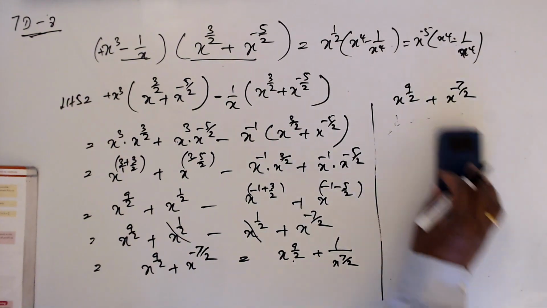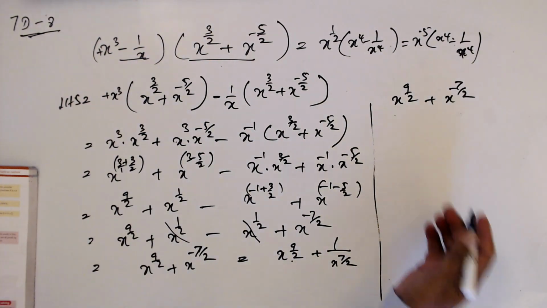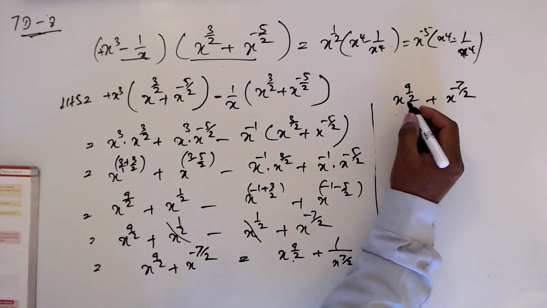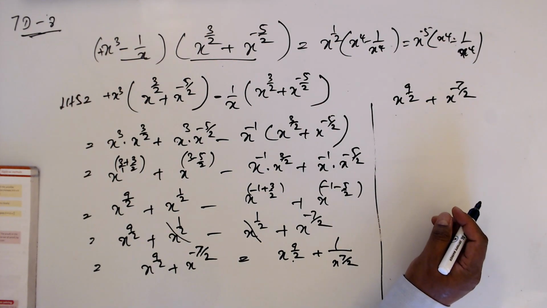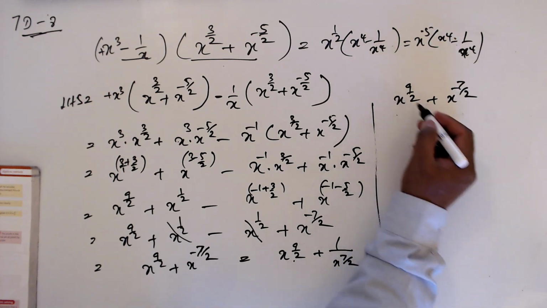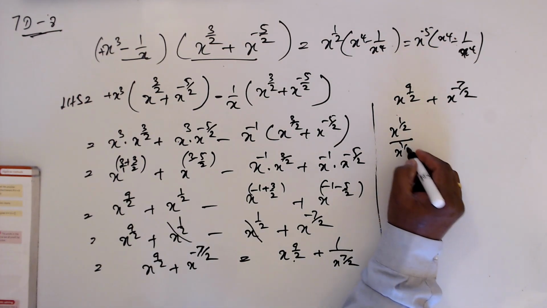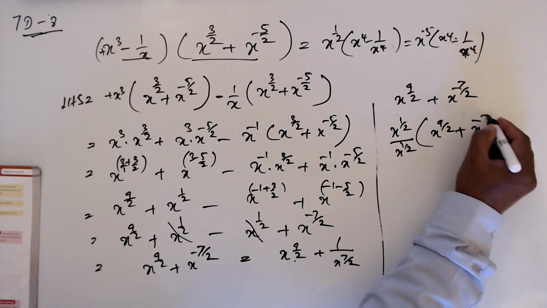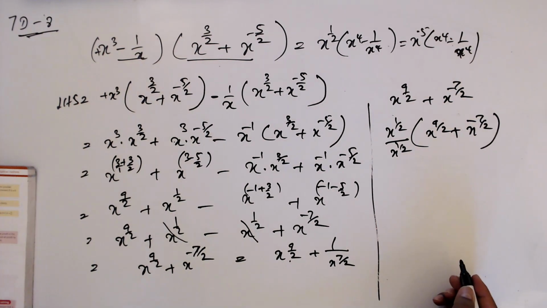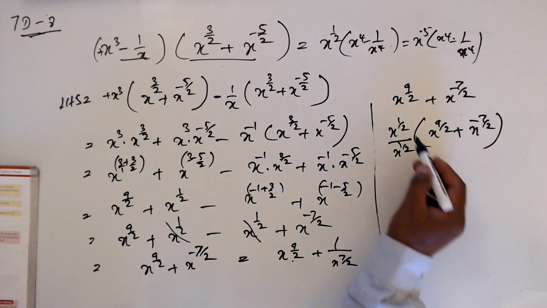Also, I work this one differently. Now x half is missing, right? I'll multiply by half and divide by half, x^(9/2) plus x^(-7/2). Now what I'm going to do, I'll leave this one.